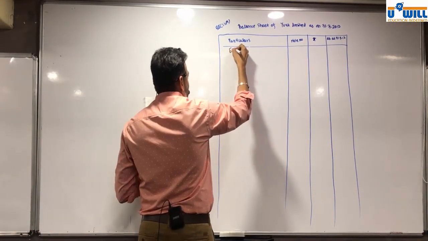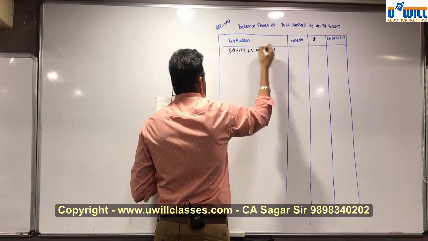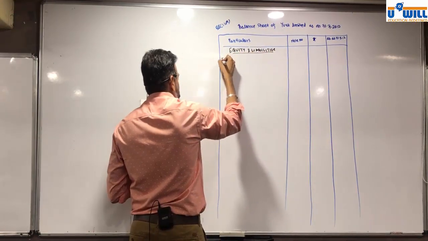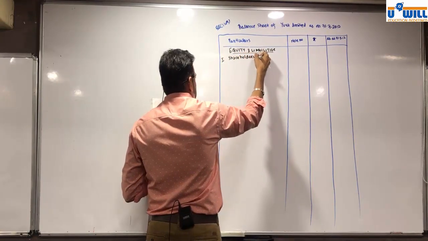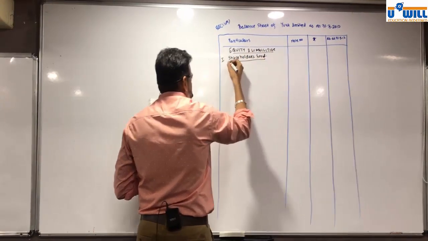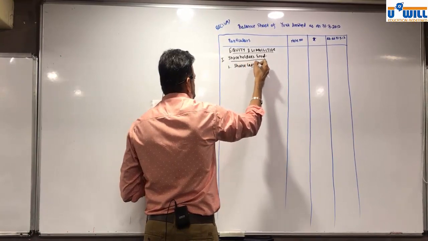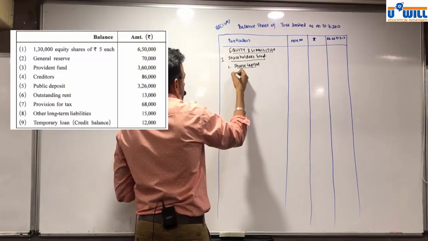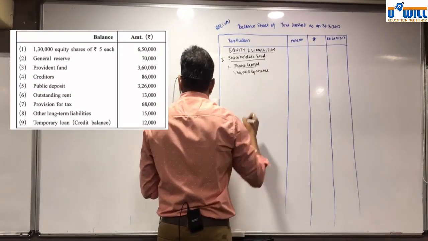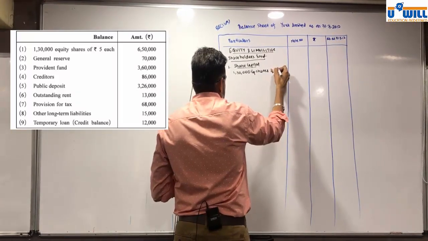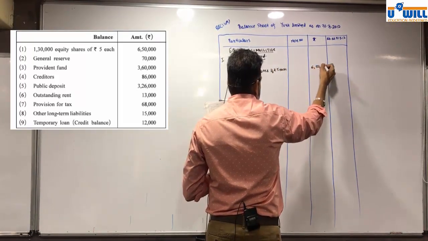Balance sheet heading, equity and liabilities. First, shareholders fund. Share capital. Now over here, in share capital, we have 1,30,000 equity shares of rupees 5 each. 6,50,000 inner column.